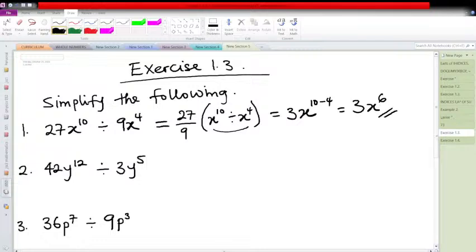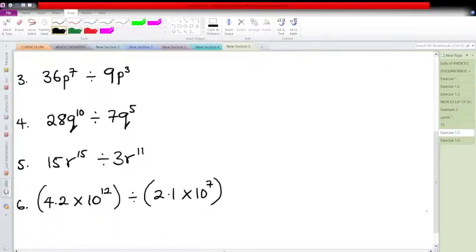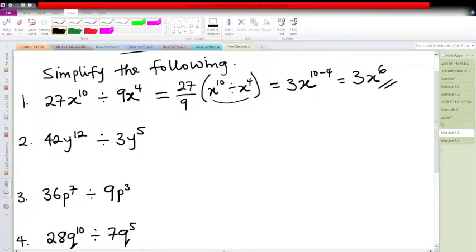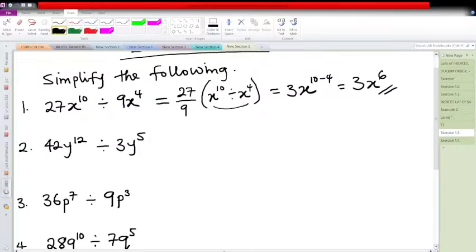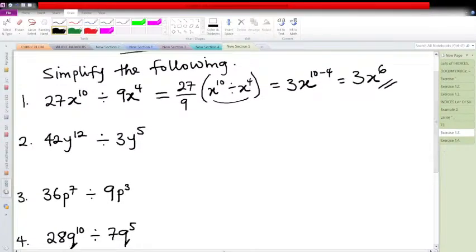I hope you understand this. So I would like you to use this method and then solve other questions on this exercise. So let's do that now.